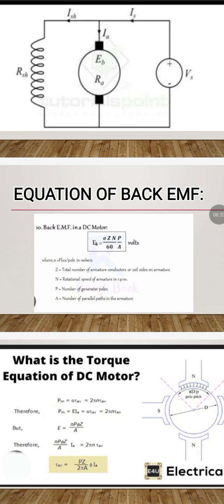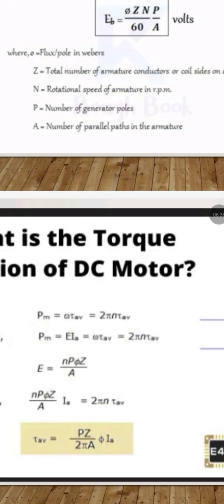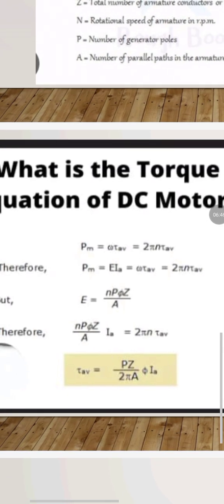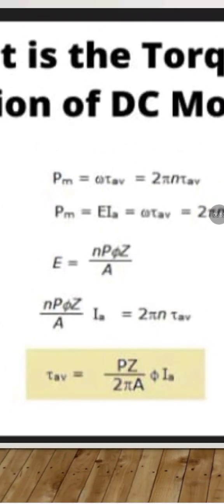So by calculating the value of 1 upon 2 pi, we get the armature torque TA equals 0.159 into phi Z IA into P upon A. Before calculating the value of 1 upon 2 pi, TA equals P Z upon 2 pi A into phi into IA.